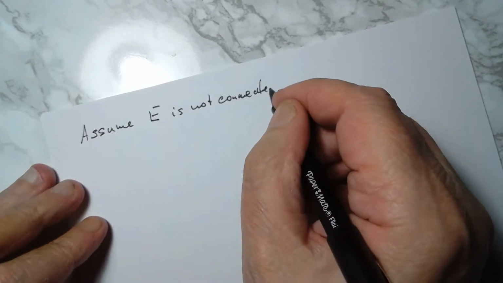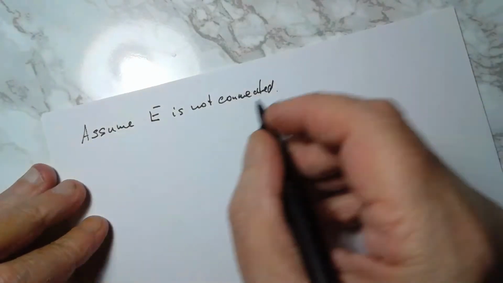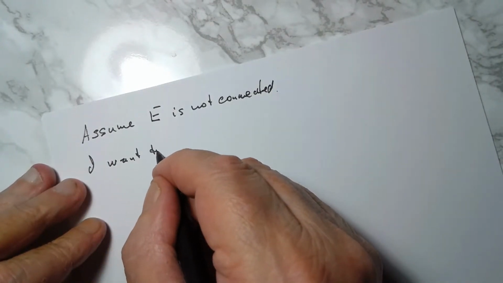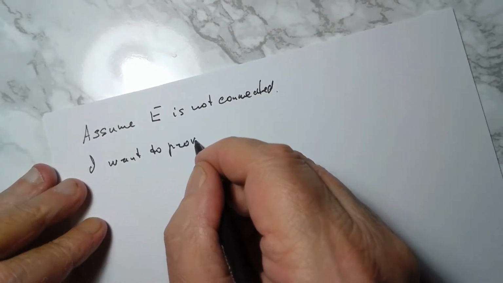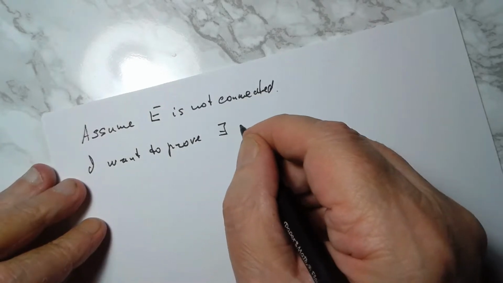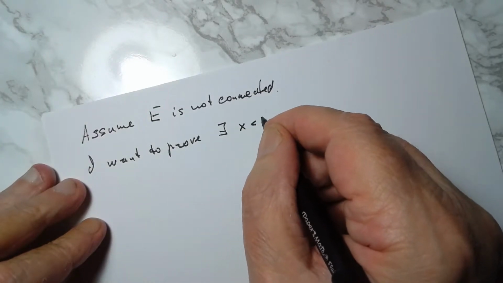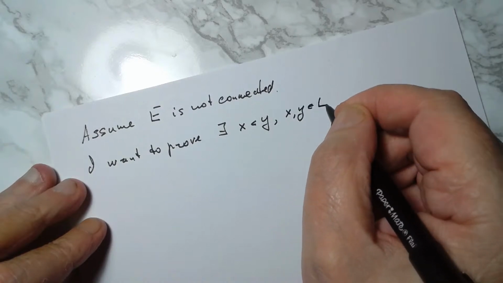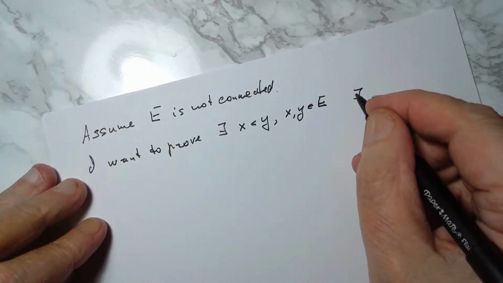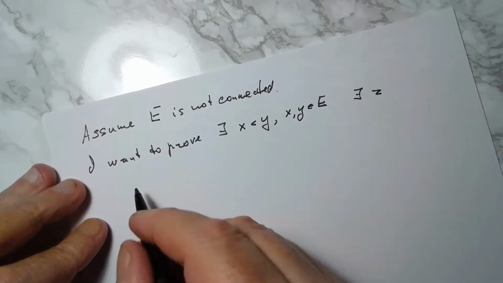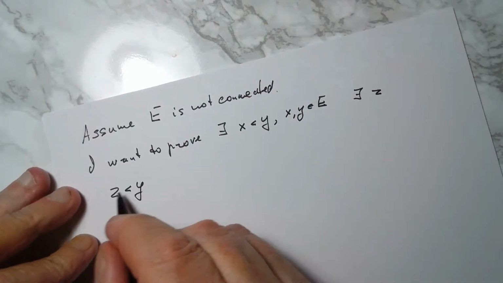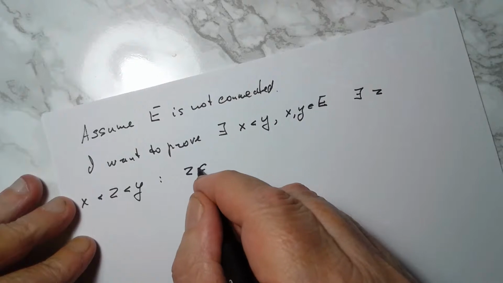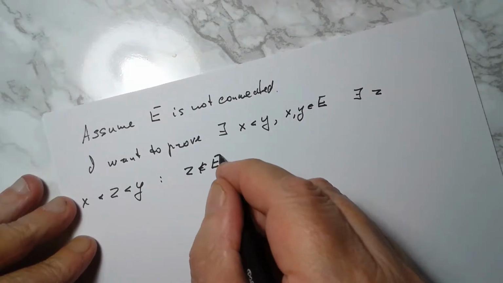And I want to prove that there exists x less than y, x and y in E, and there exists a z between x and y, such that z is not in E. So this is a converse to that theorem.